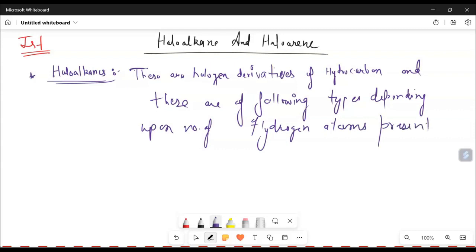So these are mainly halogen derivatives, and it depends on the hydrogen atoms present in them.